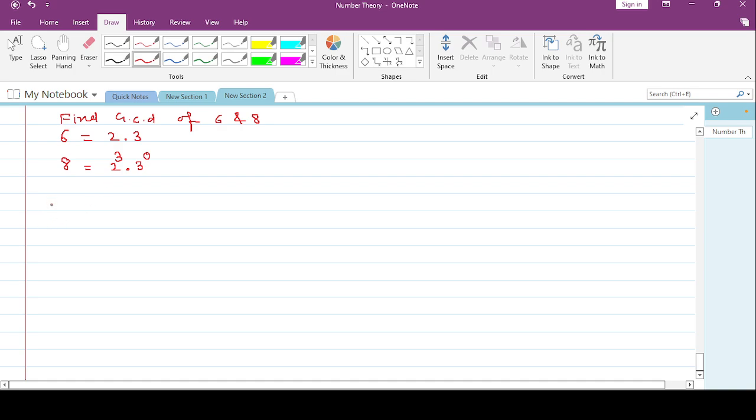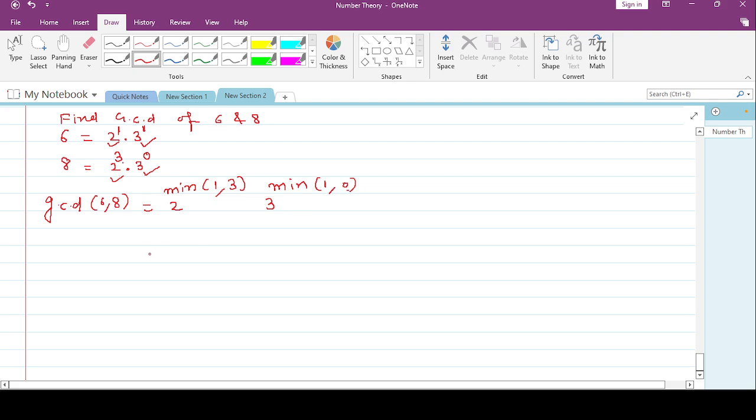Now what is the GCD of 6 and 8? You were told that first of all you write the first prime number, which is 2, in both these expressions, and then take the minimum power. Here the power is 1 and here the power is 3, so minimum of 1 and 3. Next number is 3, then take the minimum of their powers: for this number the power is 1 and for this number the power is 0.